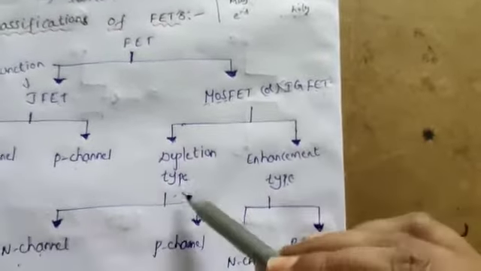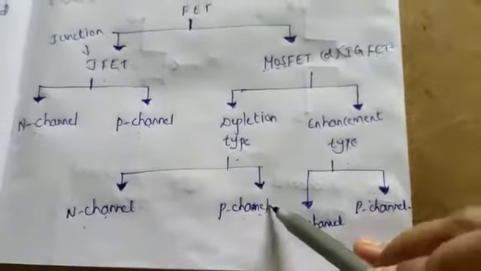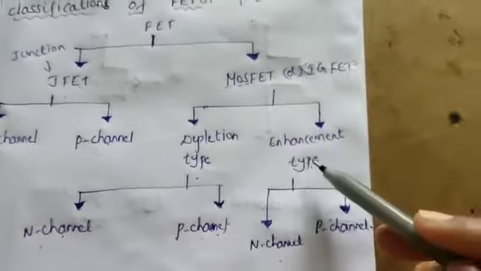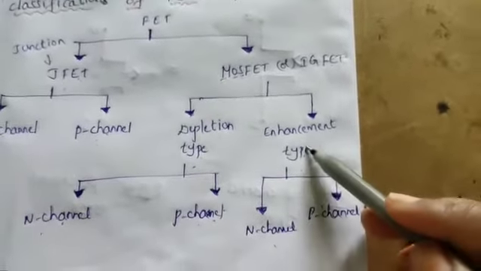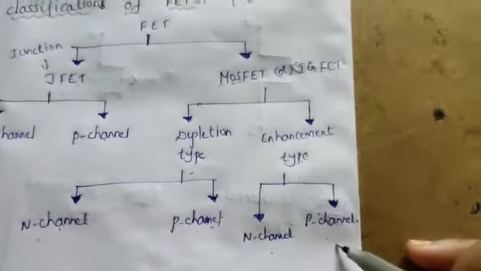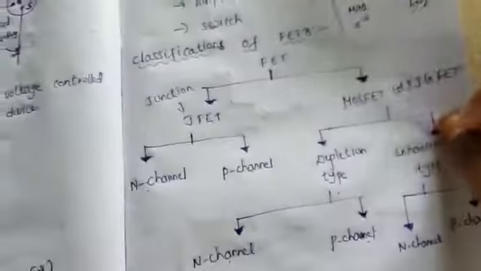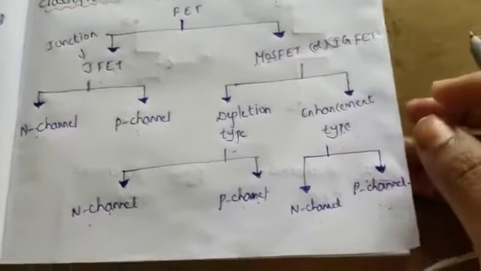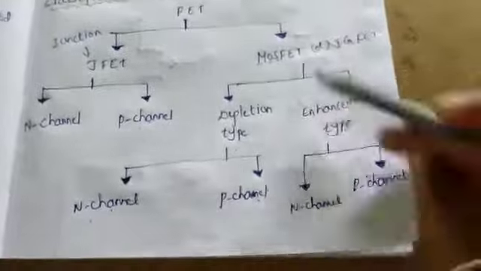Depletion type MOSFET is classified into N channel and P channel, and enhancement type MOSFET is again classified into N channel and P channel enhancement type MOSFET. This is the classification of FETs, and in this chapter we are going to discuss all of these. First is the JFET.